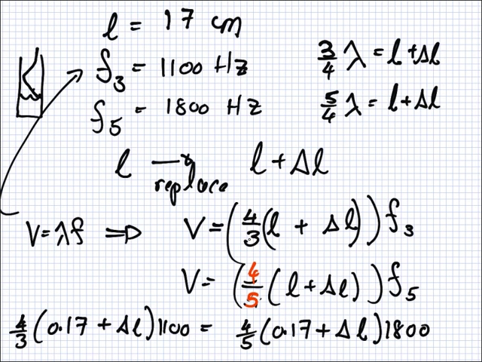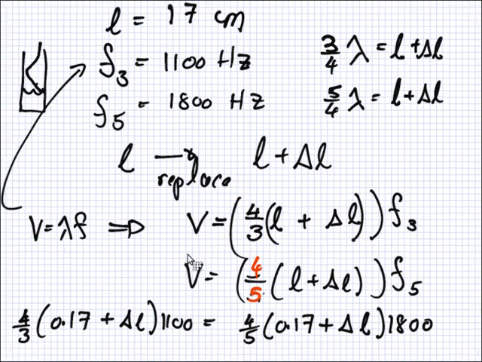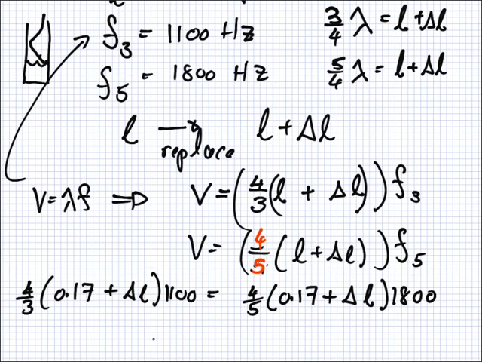That is in centimeters, so we have to put it in meters. I used meters here because I wrote 0.17. It gives me minus 0.17 for x, which is delta L, and V will be 0. V is 0?